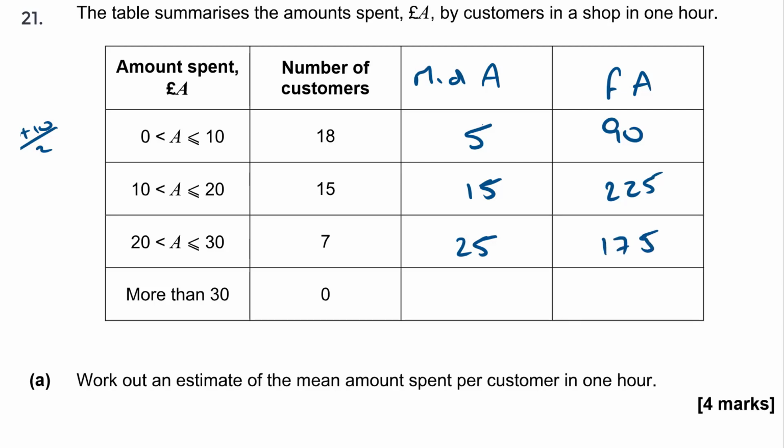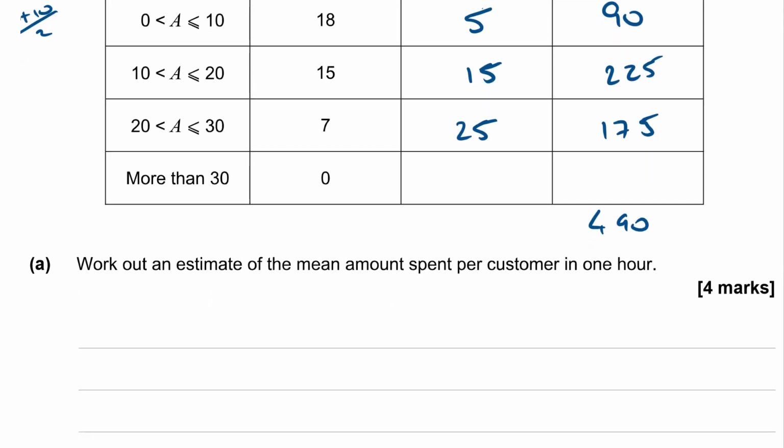And then adding those up quickly. It gives me a total of 490. So then the mean is going to be sigma fx, or sigma fa in this case, divided by sigma f, the sum of the frequencies.